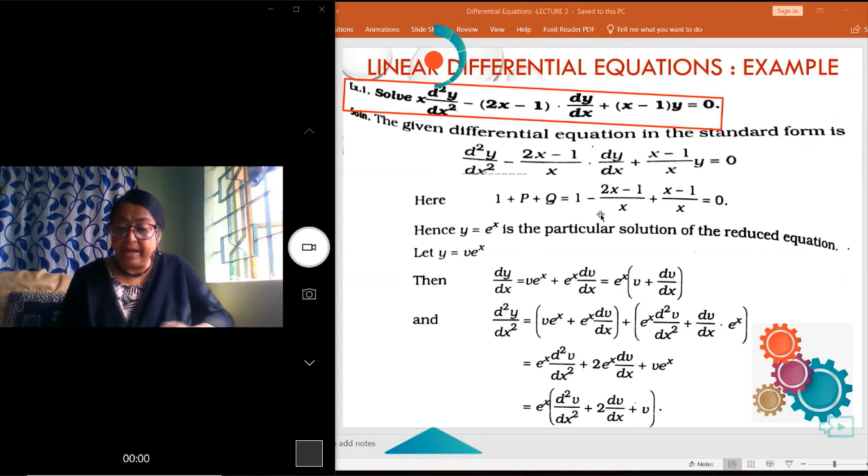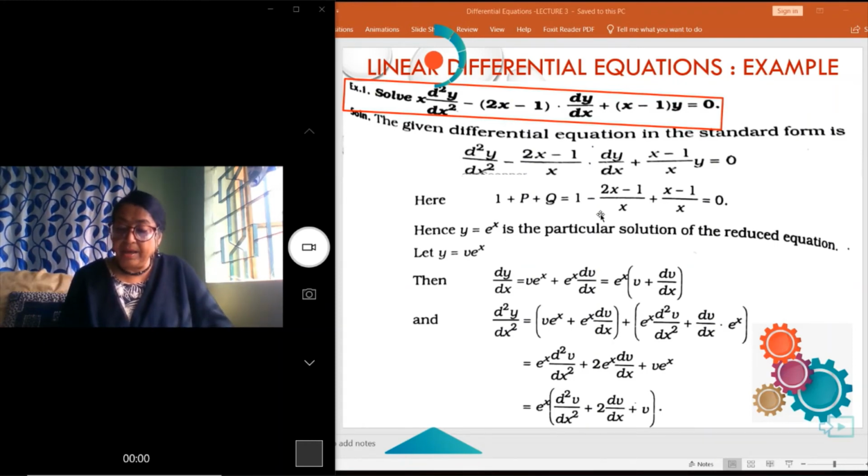The coefficients when added give 0. Hence y = e^x is the particular solution of this reduced equation.